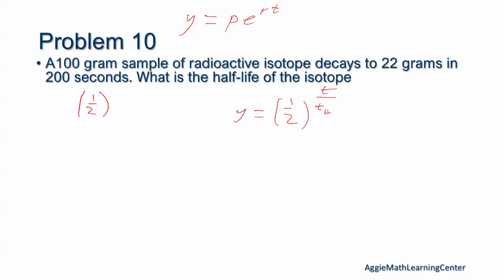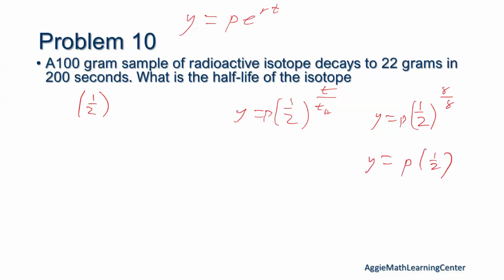Because this is saying that if t and t sub h, let's say your half-life is 8 seconds, okay? If you say that in 8 seconds, and your half-life is 8 seconds, you're saying that y equals P, however much you have, times 1/2 to the 8/8, so y equals P times 1/2.